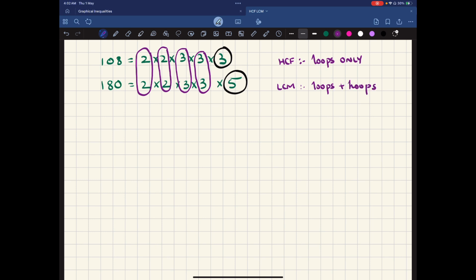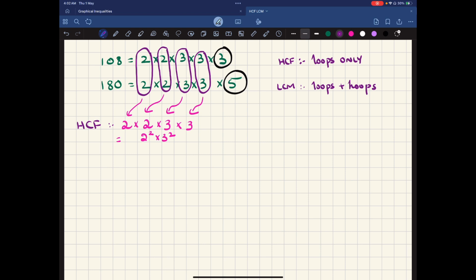Okay, so the HCF of 108 and 180 should be, and we're going to take one from each group, so 2 into 2 into 3 into 3. So it's going to be 2 square into 3 square. Okay, what about the LCM?